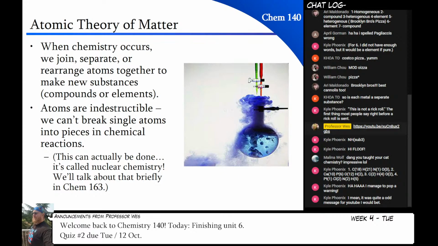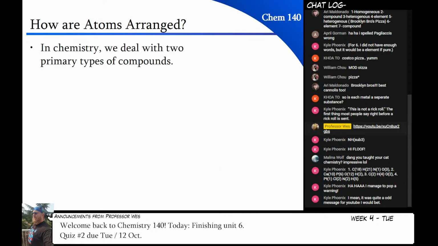And in the observations, maybe we made new stuff or we found different fragments or something cool like that. And so that's called nuclear chemistry. We're going to talk about nuclear chemistry a little bit in 163. But for the most part, we're going to ignore that nuclear chemistry is a thing that happens because it's way too high energy for us to really consider. We're going to do chemistry, which is stuff that happens at room temperature.